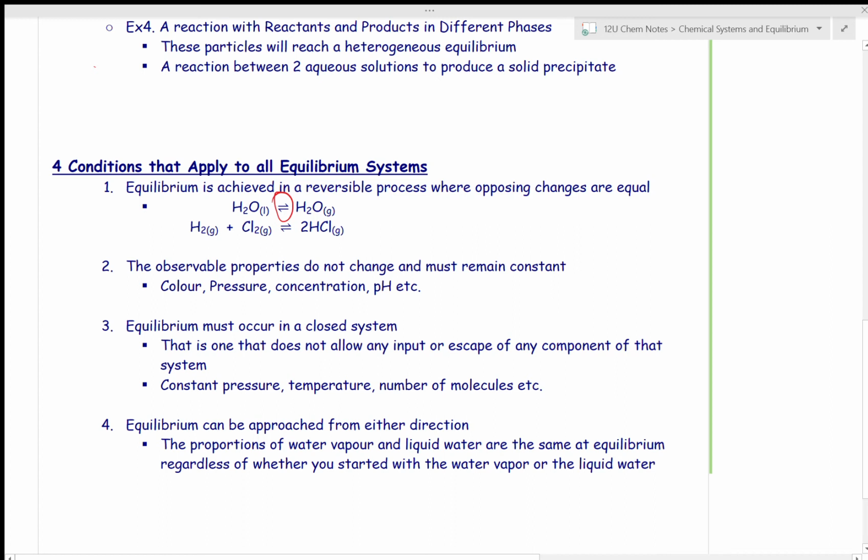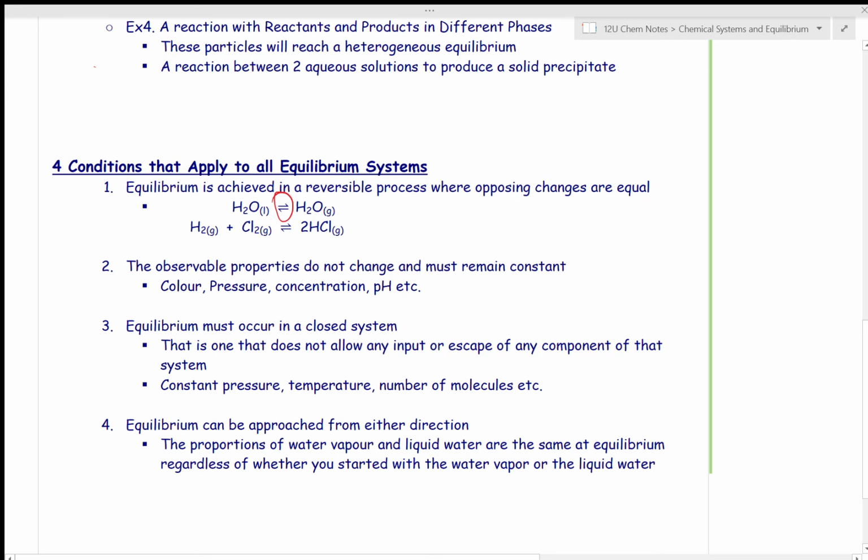Number 2 says that the observable properties do not change and they must remain constant. If I'm watching a chemical reaction happening, and let's say I'm looking at color, for example, and the color is continually changing, it means the forward reaction is happening at a rate faster than the reverse rate. Let's say the chemical reaction produces a red color.